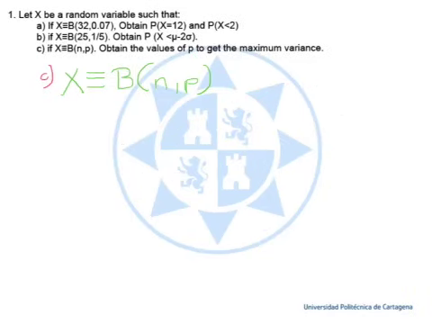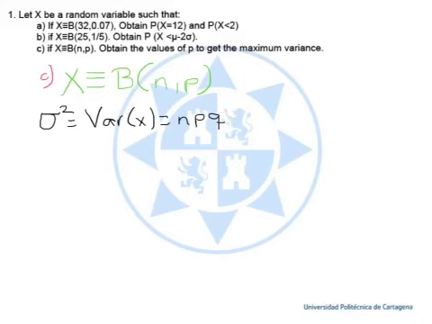So here in part C we have a binomial distribution with the values n and p unknown. So we have to get the value of p that maximizes the variance.